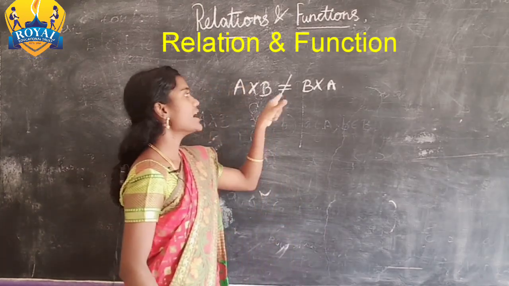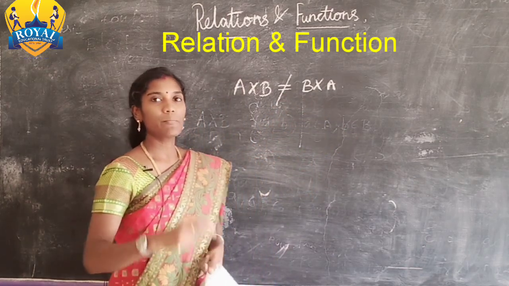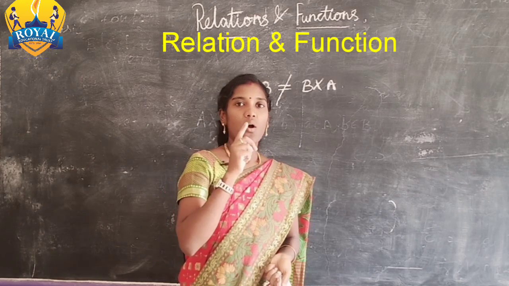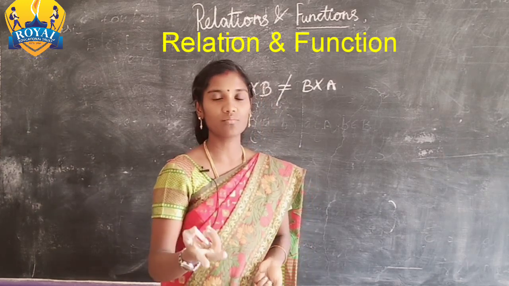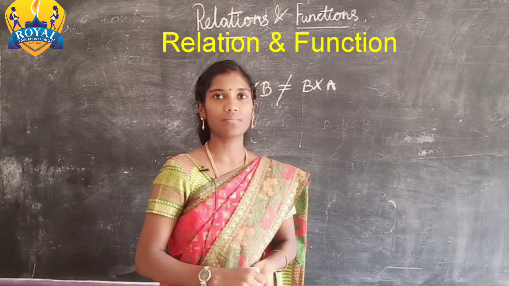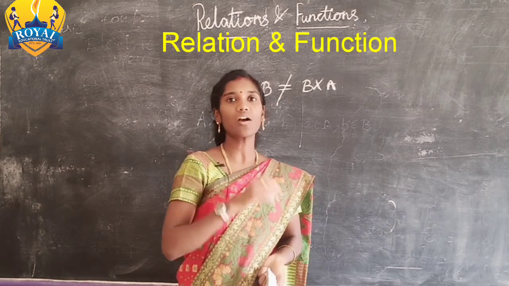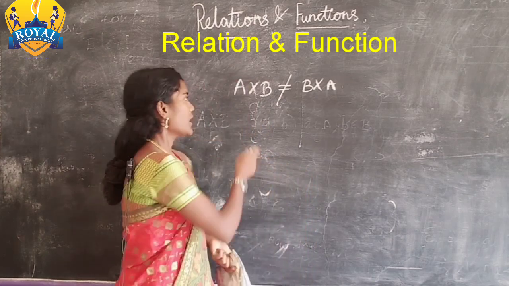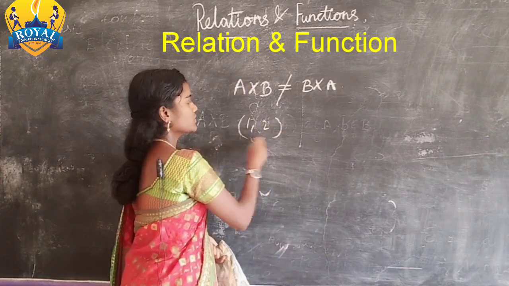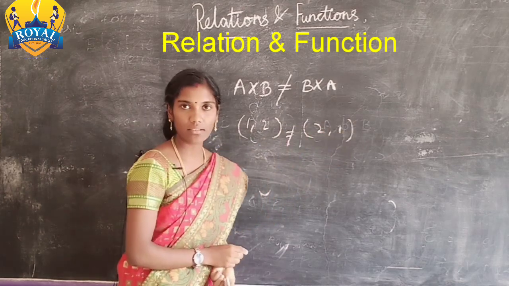In multiplication, 1 twos are 2 and 2 ones are 2, it is equal. But in the Cartesian plane, (1, 2) and (2, 1) are not equal.